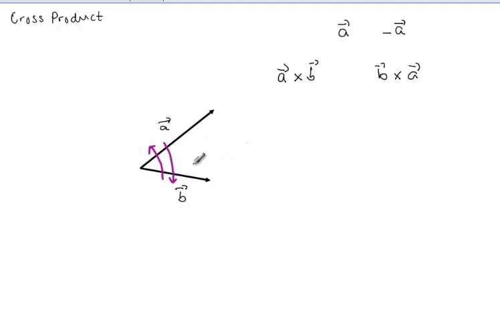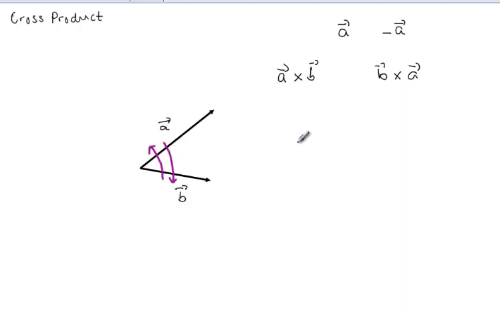Now we can say A cross B or B cross A. How do we get it? Each one of these two is going to give us a different vector, but I'm saying the two vectors are of the same magnitude, but opposite, with different directions.